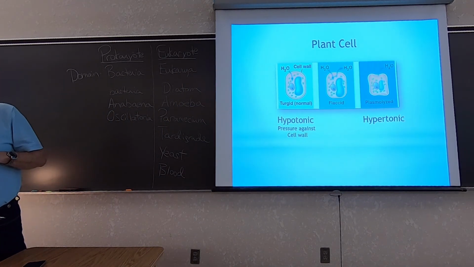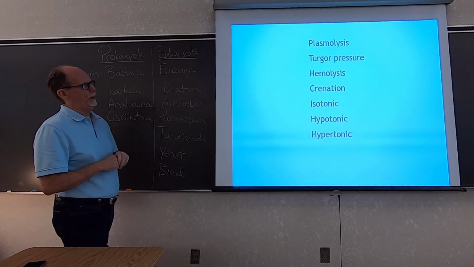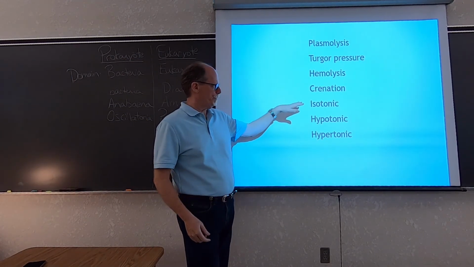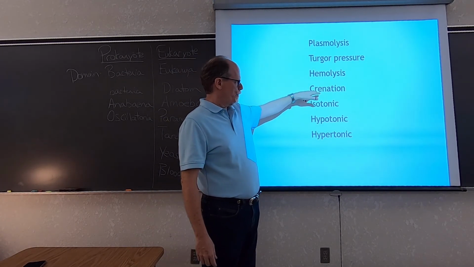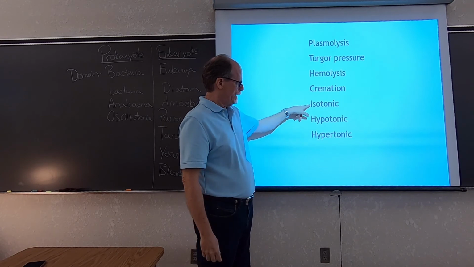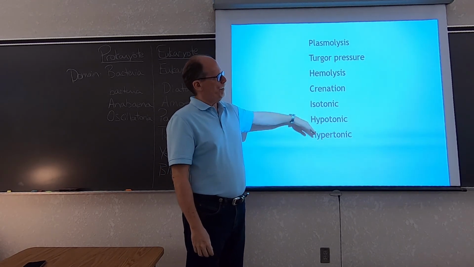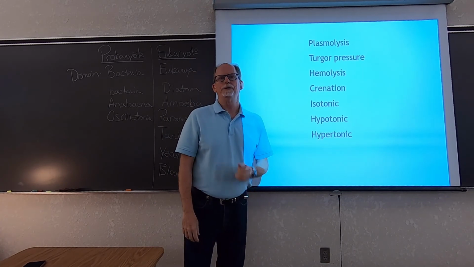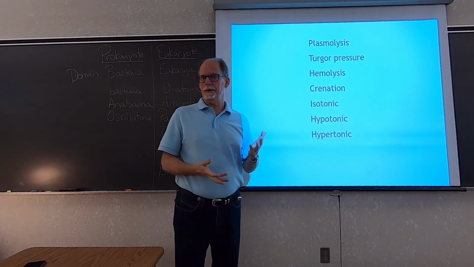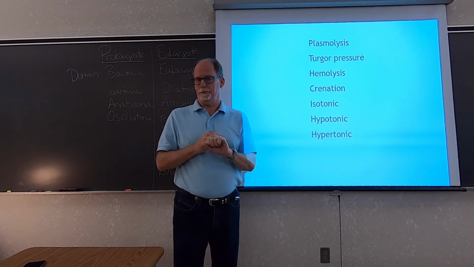That doesn't occur in the plant cell. So we went through turgor pressure, hemolysis, crenation, which is crenating, meaning that the animal cell shrinks, isotonic, hypotonic, hypertonic. So these are vocabulary words you should be familiar with for a lab quiz and for the practical.